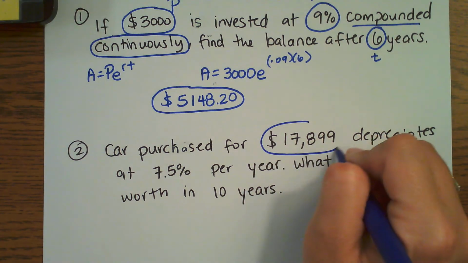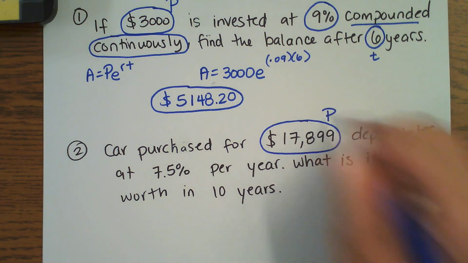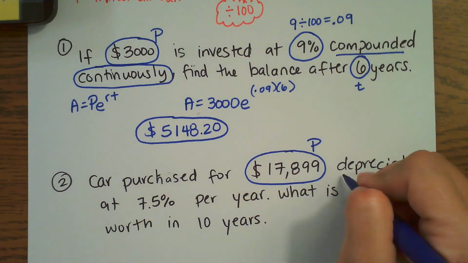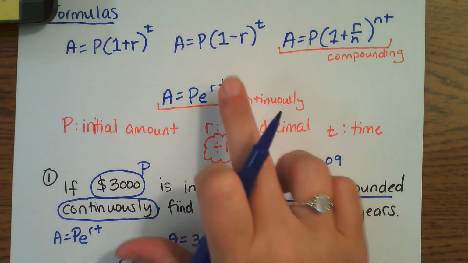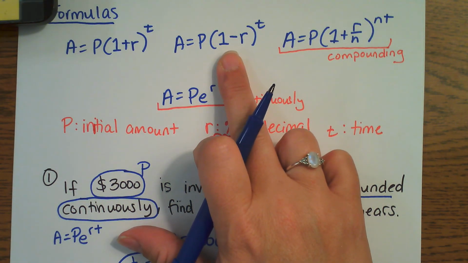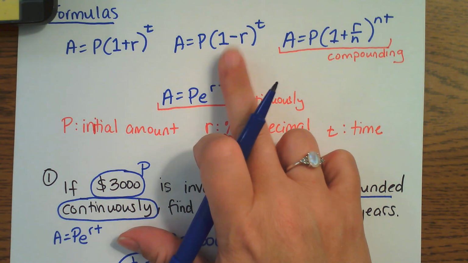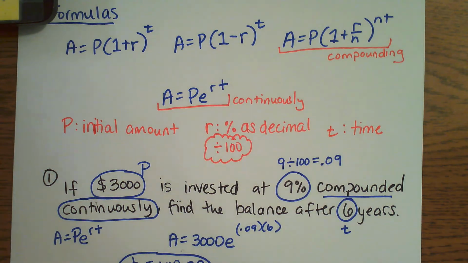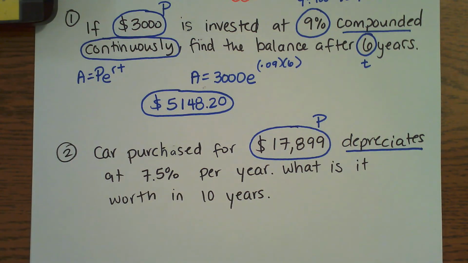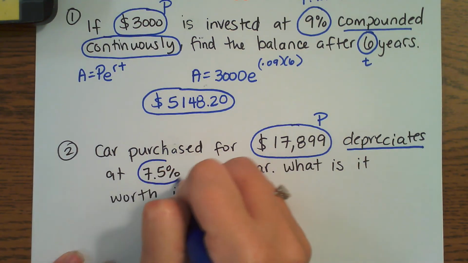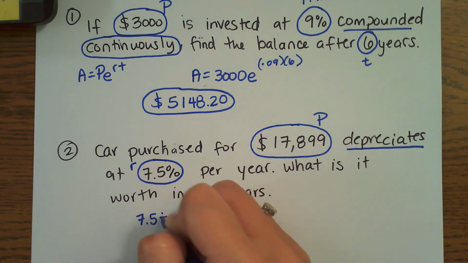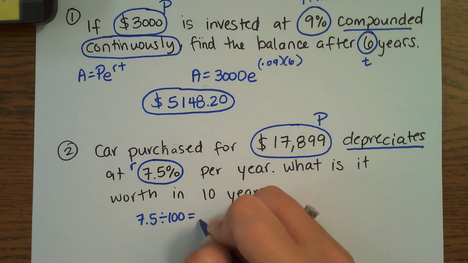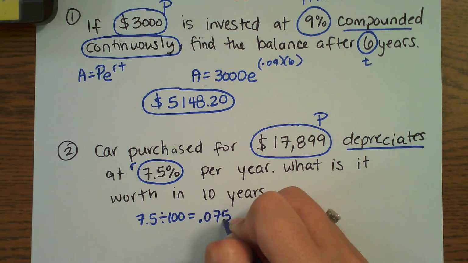So they purchased a car. The fact that it depreciates means it's losing value. So I'm going to use that one with a minus sign. All right, depreciates 7.5% is our rate, but I do need to take that 7.5 and divide it by 100, making it 0.075.